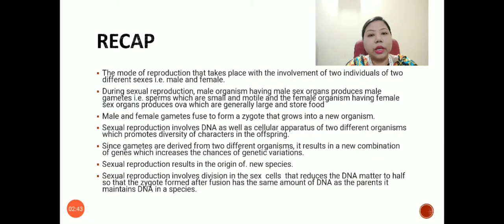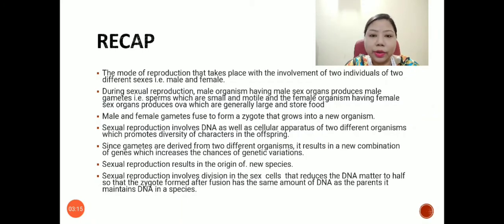Sexual reproduction involves division in the sex cells that reduces the DNA to half, so that the zygote formed after the fertilization has the same amount of DNA as that of the parents. That means when the gametes combine with each other and the offspring is produced, the number of chromosomes that the parents have should also be maintained in the offspring's body.